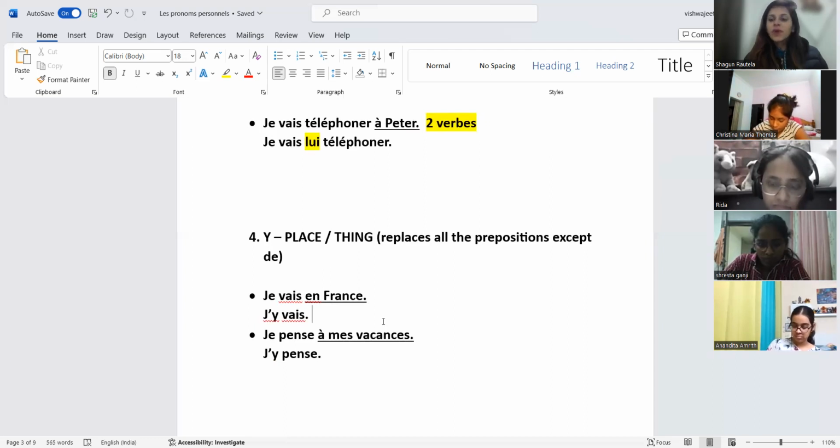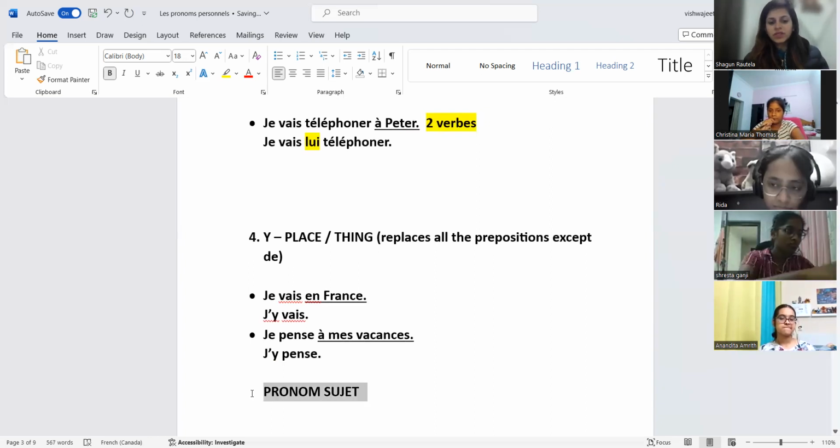Okay. There is one more way of attempting this pronom personnel question. Sometimes you feel, ma'am, all of them are a little bit connected and I'm kind of getting confused which one to write for what. So what you can do is, like I'm telling you, Y is used for place and thing. Start eliminating. Eliminating as in pronom sujet.